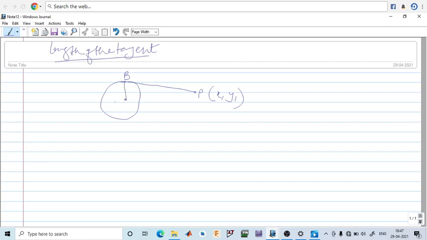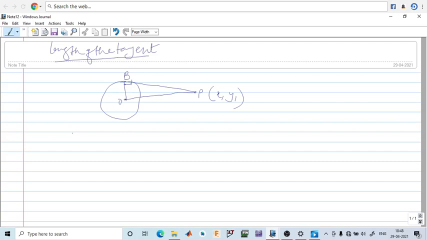Suppose this is the center O, then we know that BP and OB are always perpendicular. The tangent line and the line that joins the center to the point of tangent that lies on a circle is always 90 degrees. That means OBP is a right angle triangle. We can use Pythagoras theorem here.